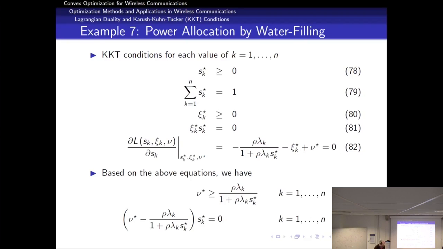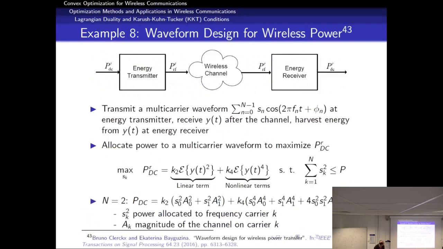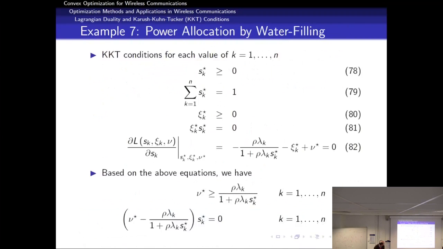So if nu is smaller than the numerator, so if your sk is positive, then you need to have that this has to be equal to this, right? So this being smaller than the numerator will work only if sk is positive.